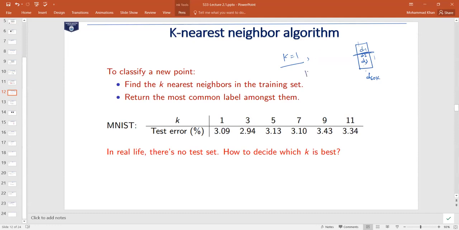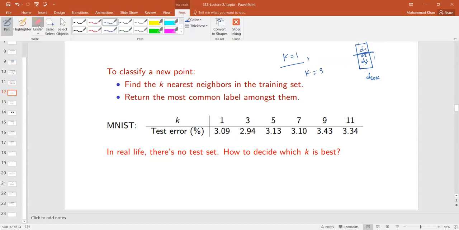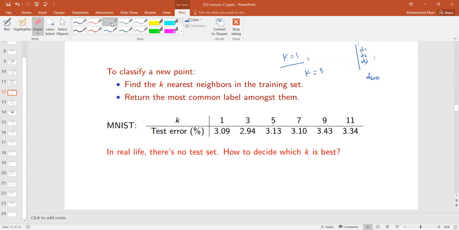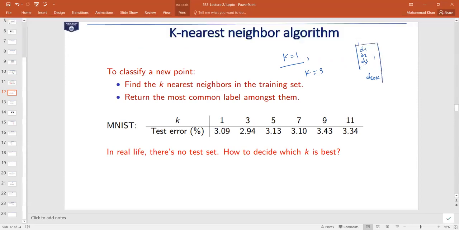Now, if we take K equals 3, that means after taking all the distances, we'll take the first 3 distances, and these distances will have labels with them, and then we'll take a majority vote.